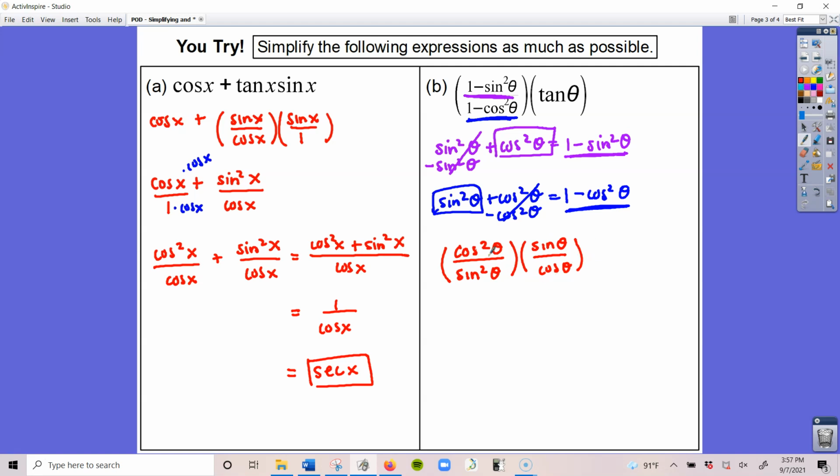So now what happens here? This means that there are 2 cosines. This means that there are 2 sines. I can cancel out one of these sines, and I can cancel out one of these cosines. So I'm left with 1 cosine in the numerator and 1 sine in the denominator. And cosine divided by sine is cotangent theta.